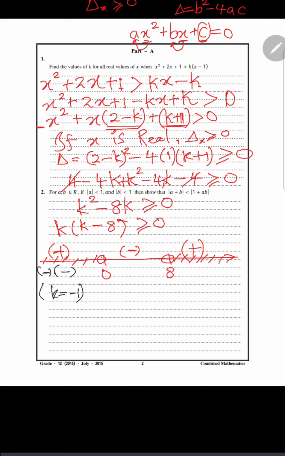Positive. So when we have equality, we have to shade these places as well. So we can write the answer. Our k can be less than or equal to 0 and k can be greater than or equal to 8. This is the answer.